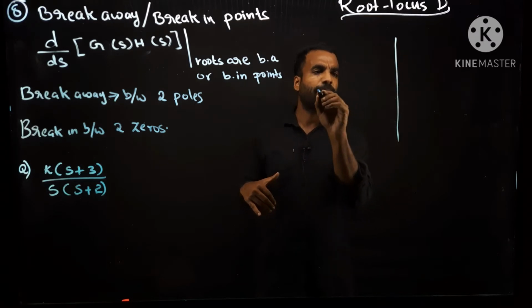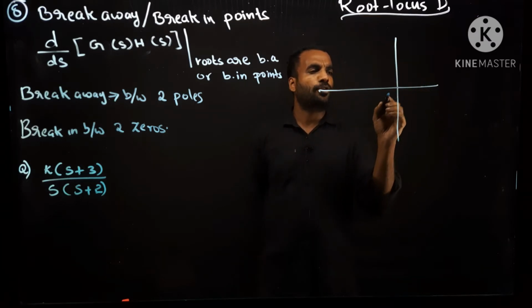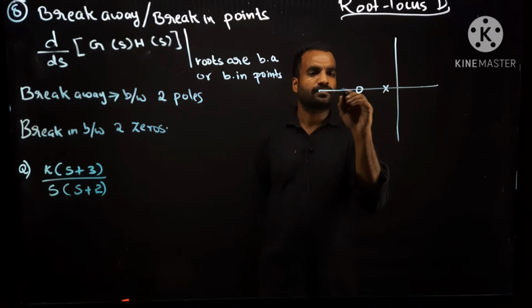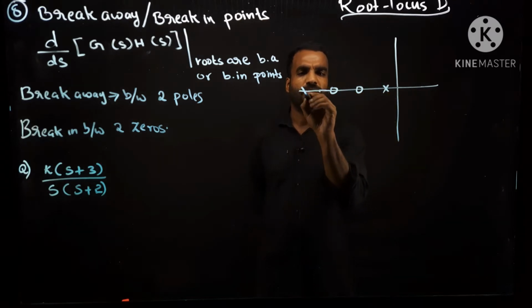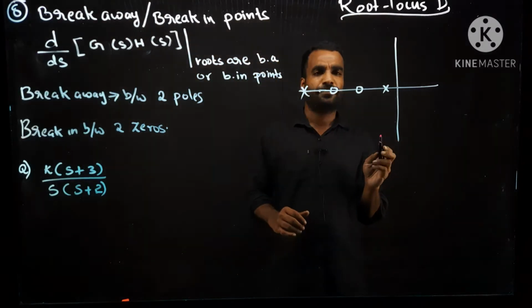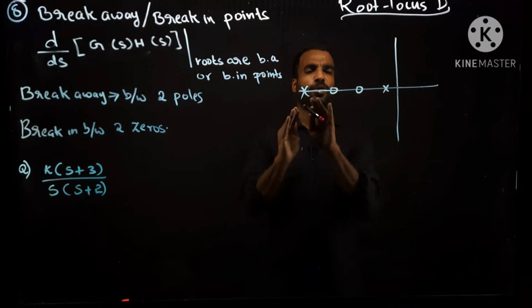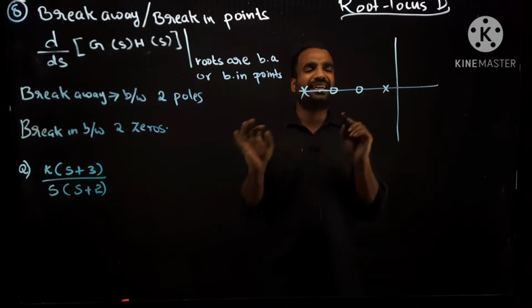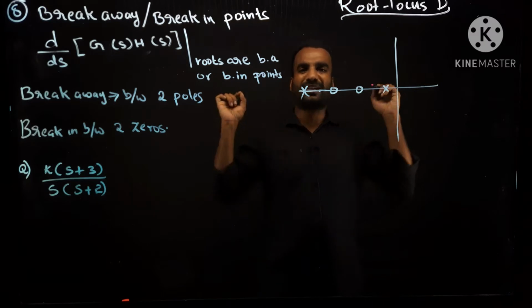For the time being, our last problem was somewhat like this. I don't exactly remember, anyhow, somewhat like this. This is the location of poles and zeros. In this pole-zero plot, which are the segments where root locus exists?